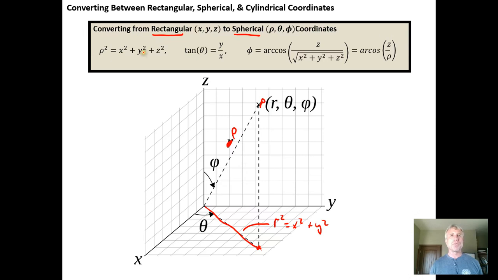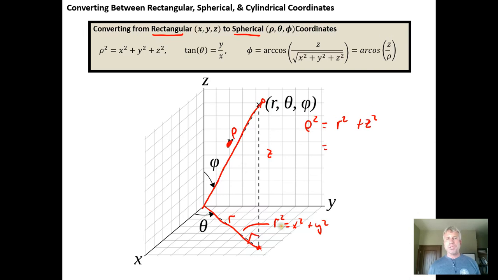So if we think about what's going on here, we've got some claims going on. Rho squared equals x squared plus y squared plus z squared. Well, rho is just the length of this line segment. That's all that it is. And this is a dropped perpendicular to the xy plane. So this is actually forming a right angle here. So if this distance here is r and this distance from here to here is z, then the Pythagorean theorem would indicate to us that rho squared, the hypotenuse squared, would be equal to the sum of the squares of the legs of the right triangle.